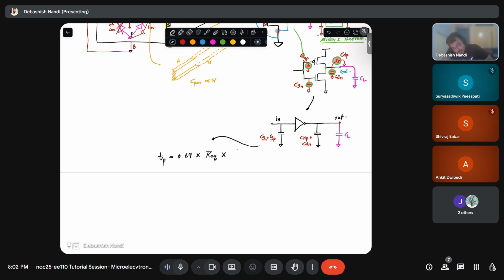Times, what about the C? CL plus CDP plus CDN, because from this node I have this and this in parallel, so capacitance in parallel adds. So is that clear?